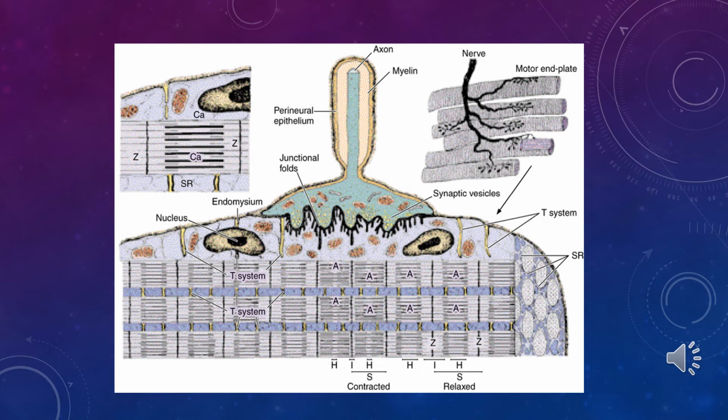The first step is the release of calcium in the sarcoplasm. After that, contraction starts, and on this picture you can see contracted sarcomeres. In contracted sarcomeres the I band is not visible, just the A bands, the dark staining bands.